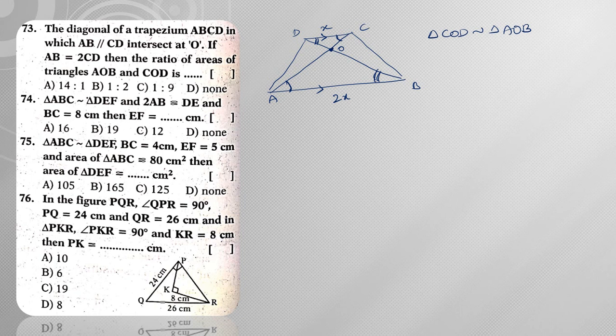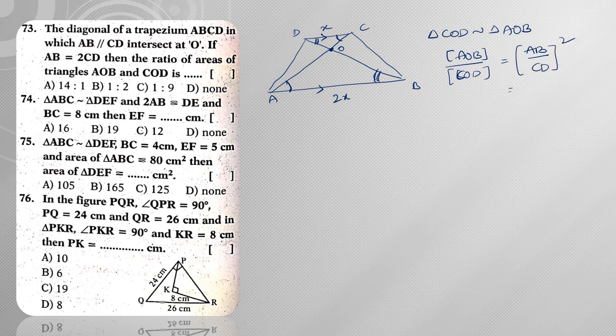When two triangles are similar, what can we say? The ratio of triangle AOB area to triangle COD area will be equal to the square of the corresponding sides. So here I consider AB, and here I should consider CD. So this will be whole square.